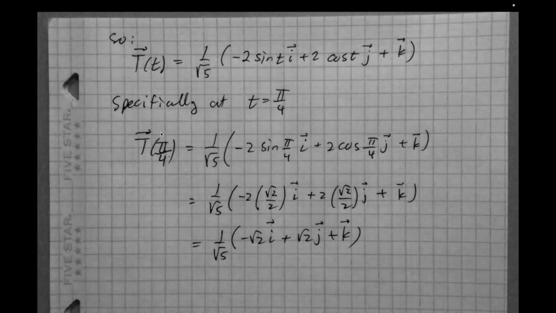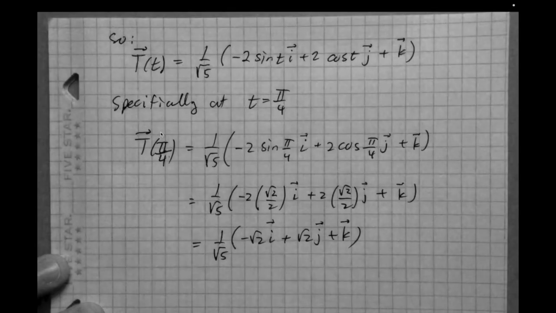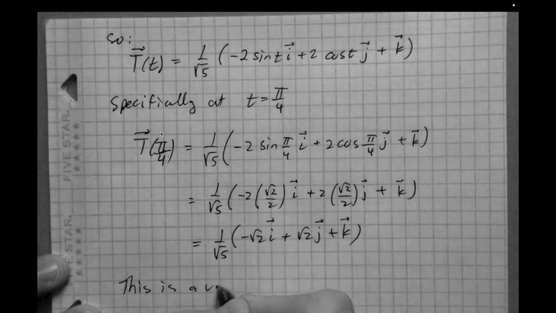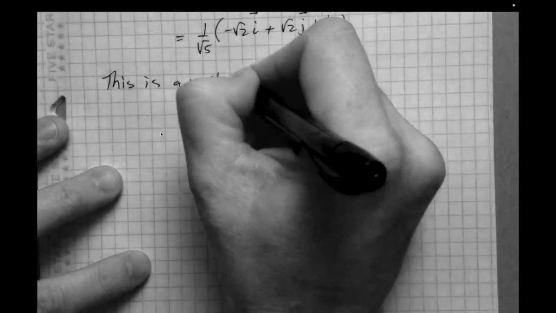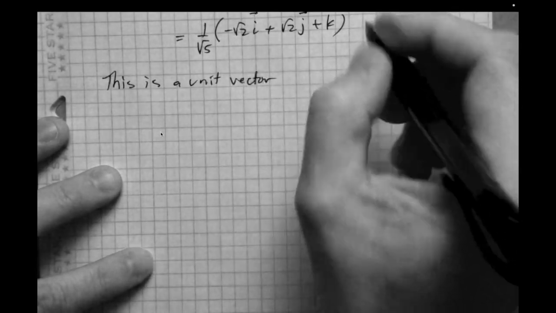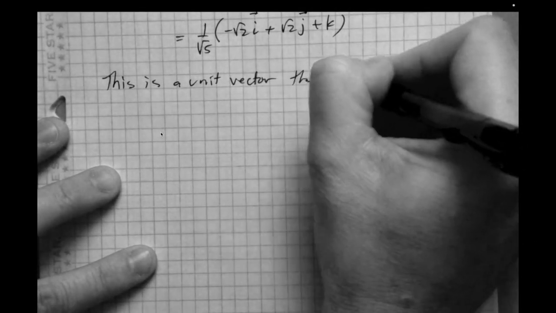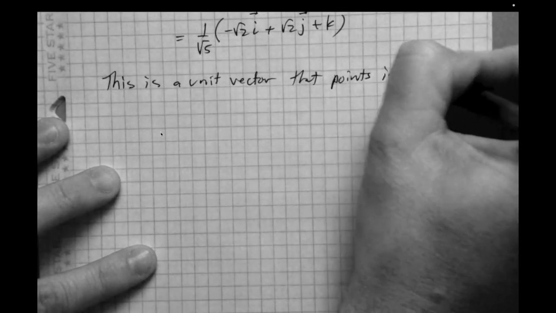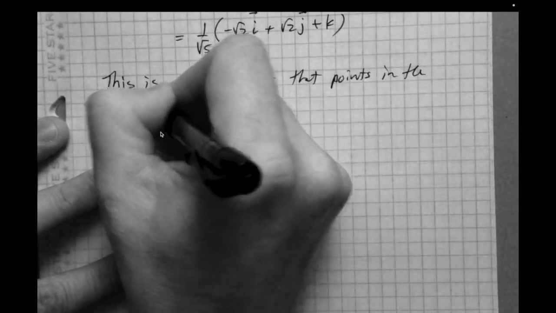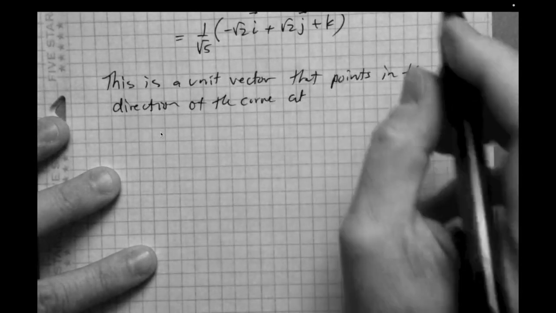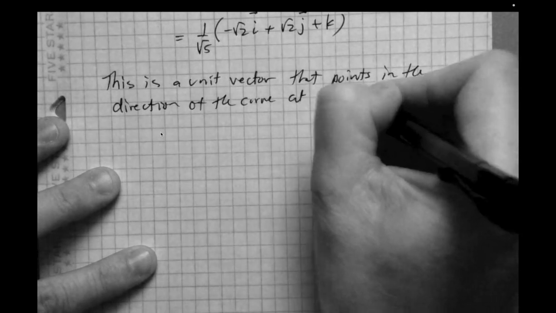So, all right, let's write down, what is this thing? This is a unit vector. We know that. This is a unit vector that points in the direction of the curve at t equals pi over 4.